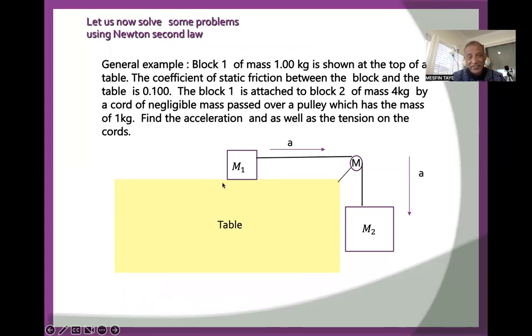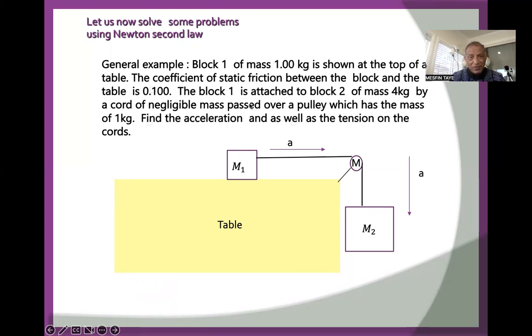There is a force of friction here, and mu k is just 0.1. Block 1 is attached to block 2, and block 2 has a mass of 4 kilograms. So this is 1 kilogram, block 2 is 4 kilograms. And then I have a pulley.